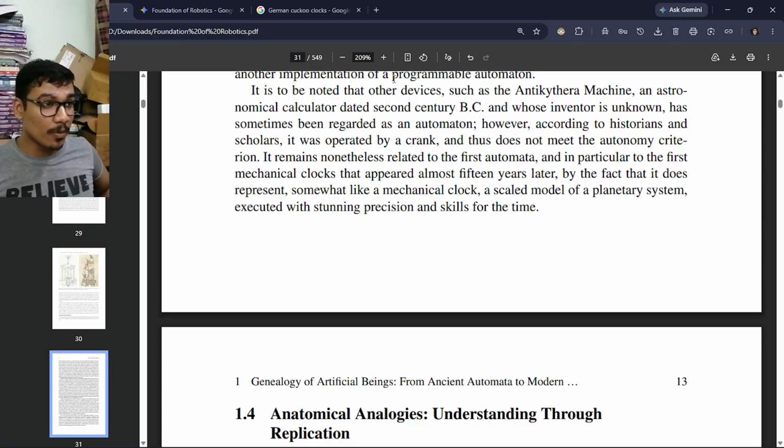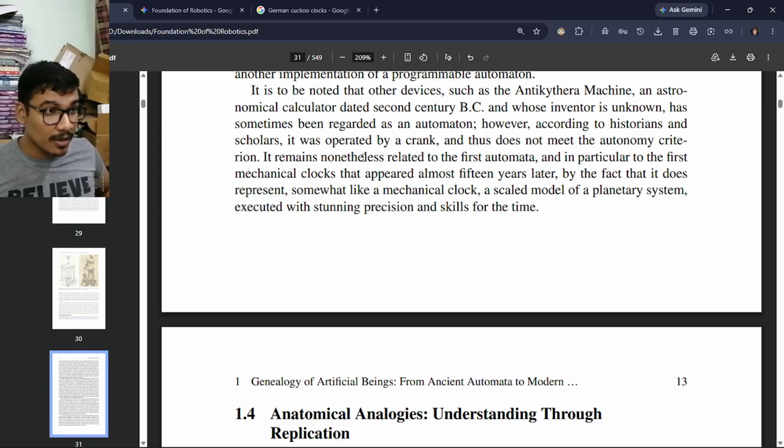Anyways, it is to be noted that other devices such as the Antikythera mechanism, an astronomical calculator dated to the 2nd century BC and whose inventor is unknown, have sometimes been regarded as automata. However, according to historians and scholars, it was operated by a crank and thus did not meet the autonomy criteria.